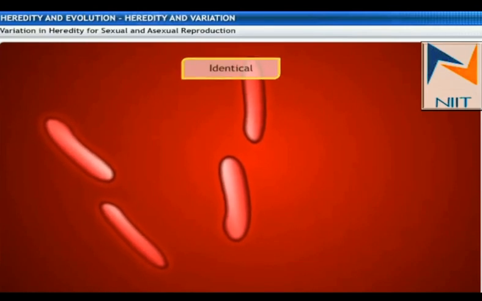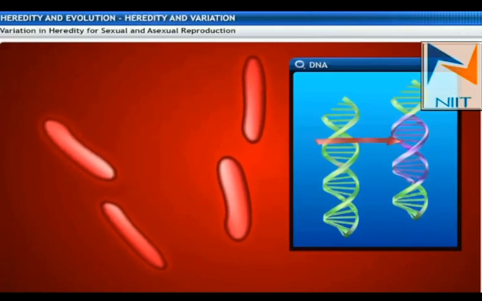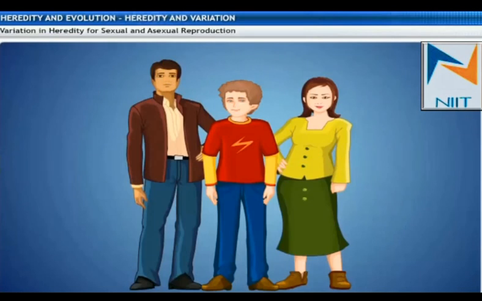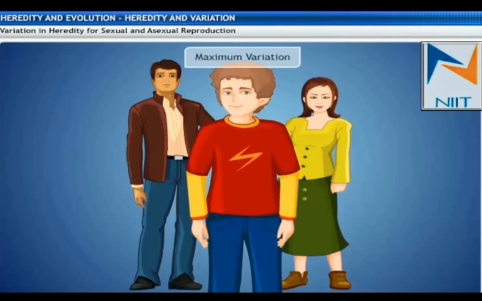All these bacteria are identical. However, there may be minor differences generated due to small inaccuracies in DNA copying. Now things change slightly in the case of sexual reproduction. Maximum variation is produced by this process, as can be seen in the case of human beings.